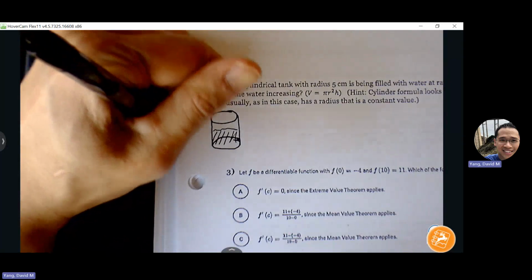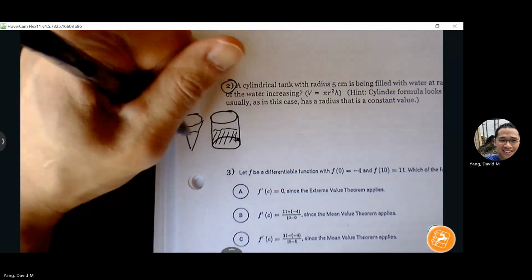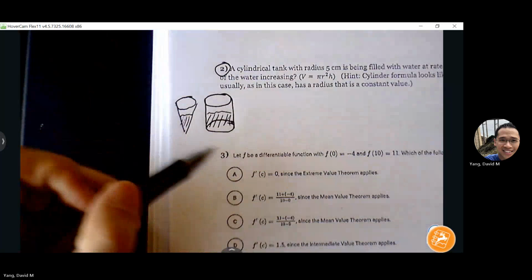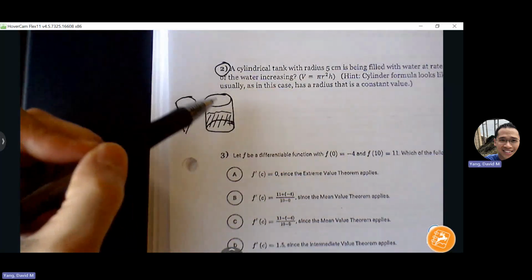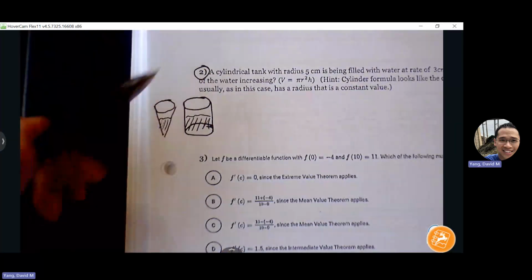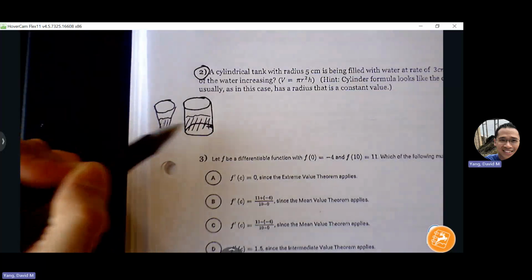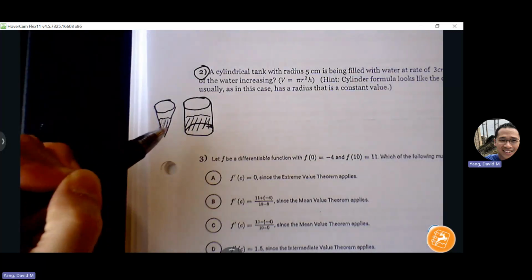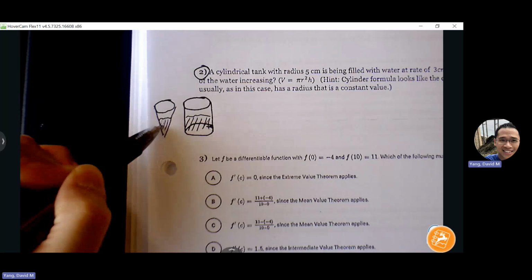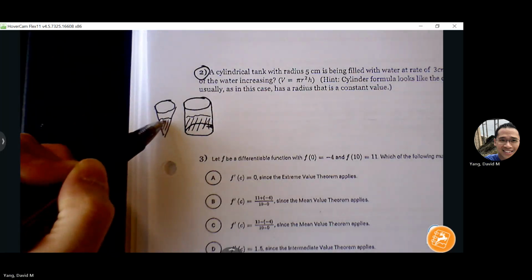You don't have to, I just want to show you. So imagine water is filling both of these tanks. I want to talk about the radius and the height of the water level. Here, as the water is coming in, is the height changing of the water inside the cone?